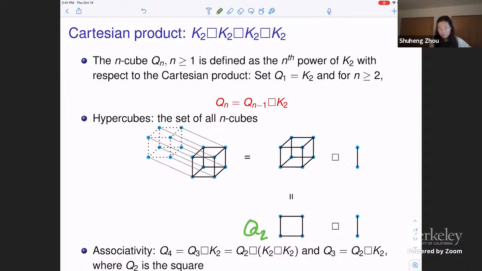Now if I do Q2 Cartesian product with a single edge again, I get Q3, the 3-dimensional cube. If I do the product of Q3 with the path again, I get Q4. So basically, those n-cubes are just the nth power of K2 with respect to the Cartesian product. And why would this be useful?